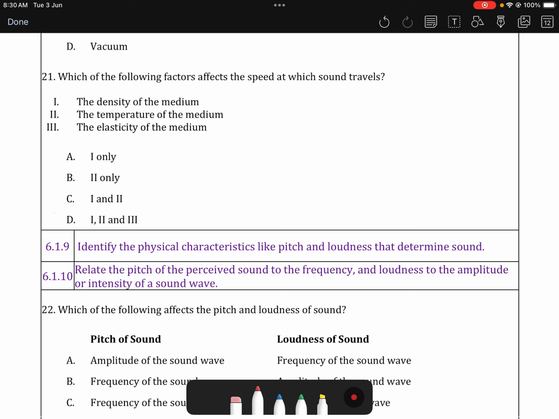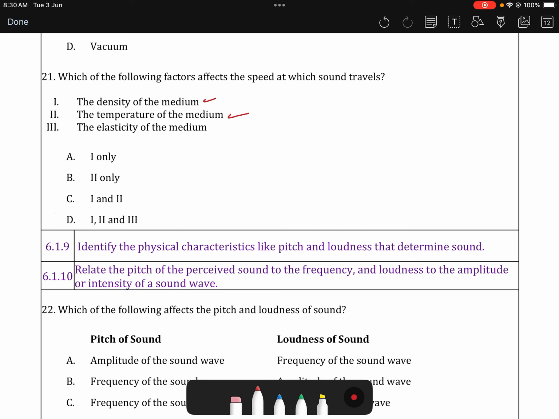Which of the following factors affect the speed at which sound travels? The density of the medium, yes, of course, we just said that. The temperature of the medium, of course, because it will also affect the speed of sound.